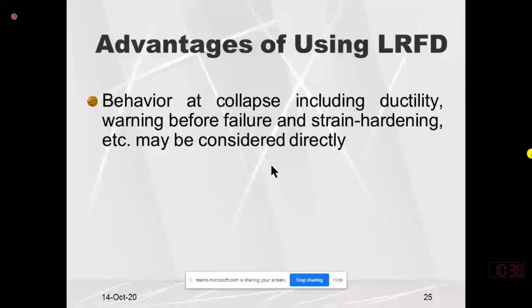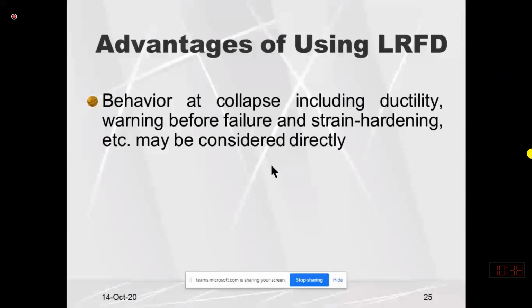In the plastic zone, we might observe some plastic deformation, so we may have a warning before the failure. Also, the strain value at 0.9 Fy will be more as compared to the strain value at 0.6 Fy. So it means that a structure designed with LRFD will undergo larger deflection or deformation before failure.